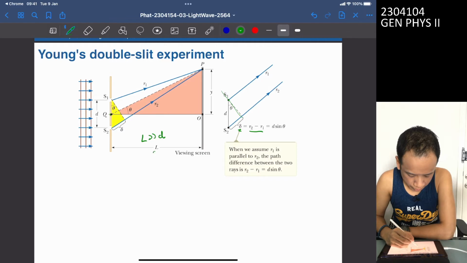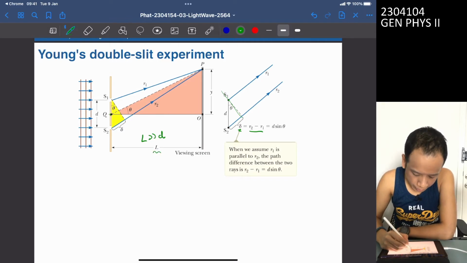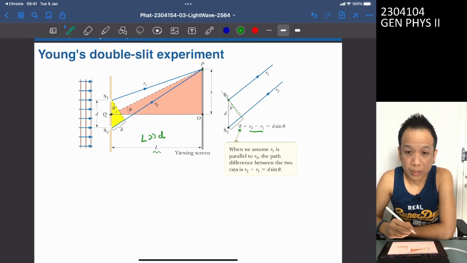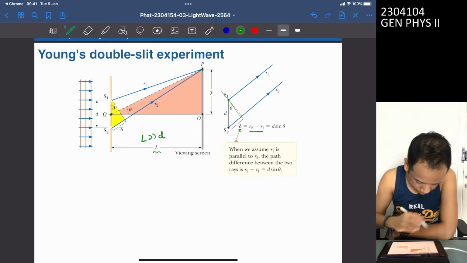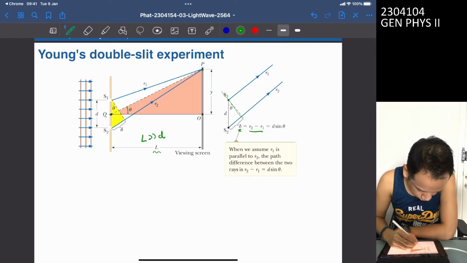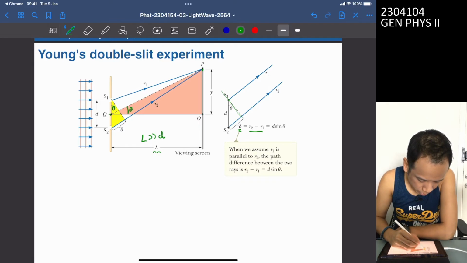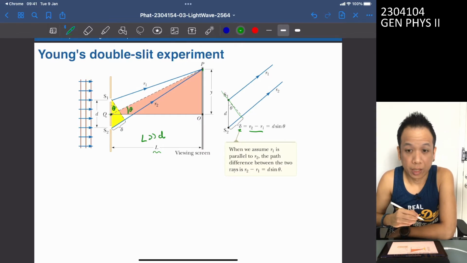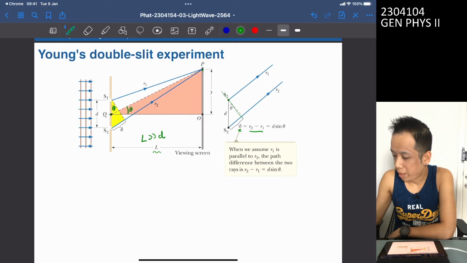It's the length L. And then you talk about the position y, the position where you may observe the dark or bright fringe. The angle we are talking about here, theta, is approximately the same as here. So this is kind of an approximation.